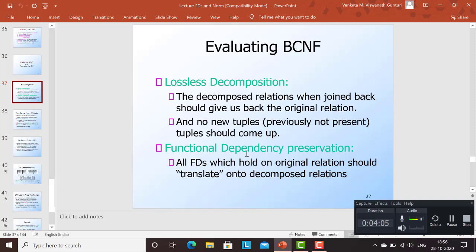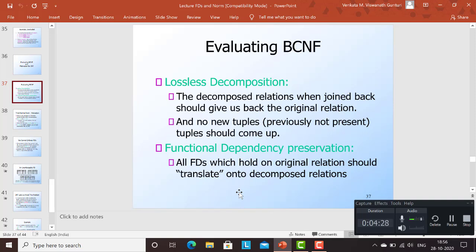Nevertheless, BCNF is still very, very widely used. The next normalization algorithm, which is 3NF, will guarantee both of these. But the downside of 3NF is that there is a little bit of extra redundancy, right?